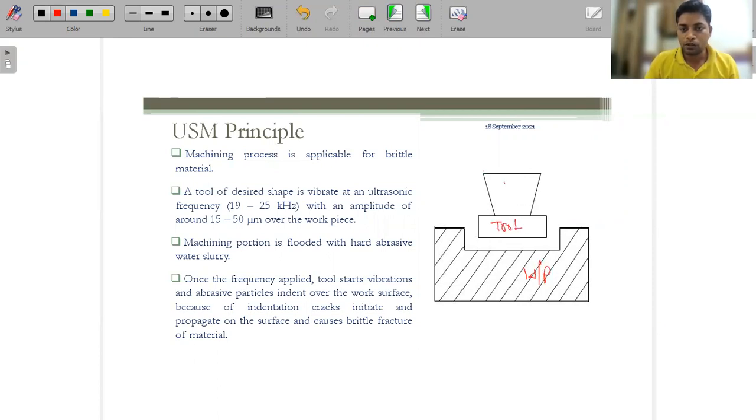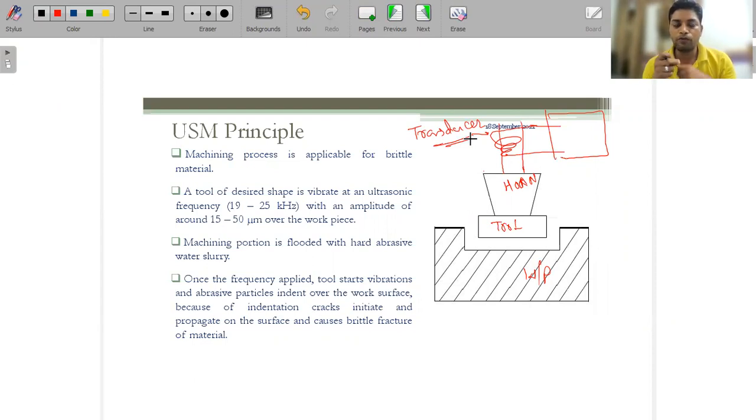This is the horn, and the horn is connected with the transducer, and the transducer is connected with the power supply. We are using the transducer to generate the ultrasonic frequency.